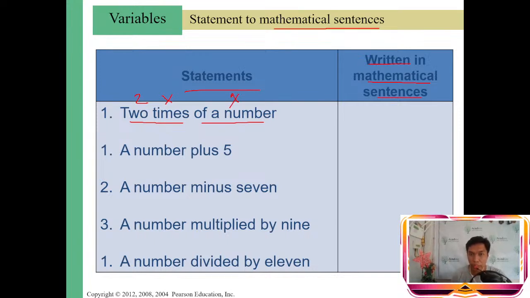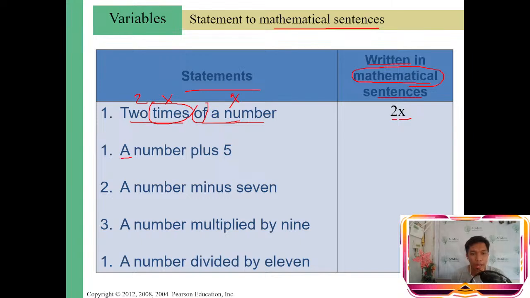If we write that in mathematical symbols, we have 2x. Why 2x? Because times means multiplication, and 2 times a number is 2x.